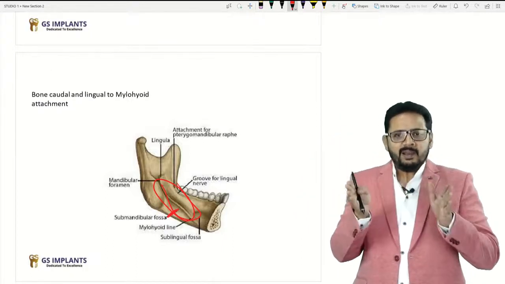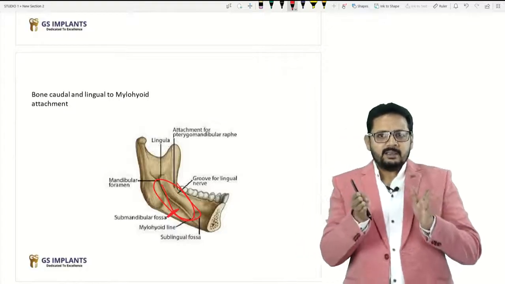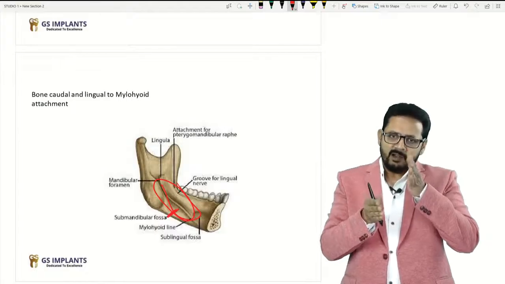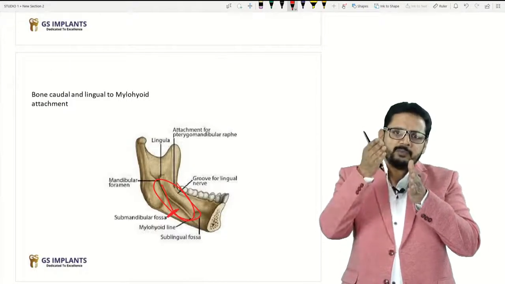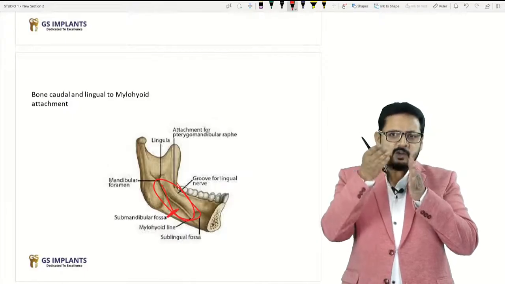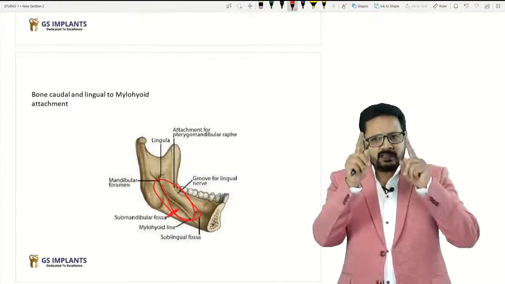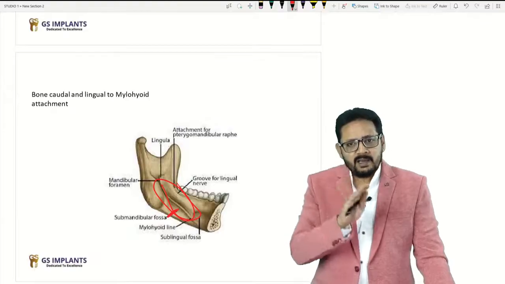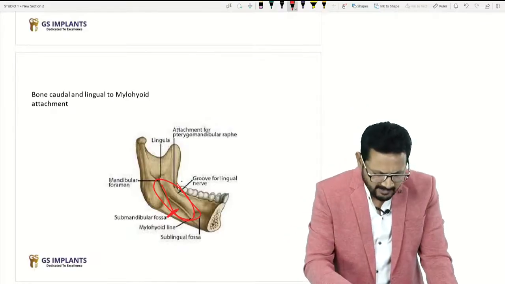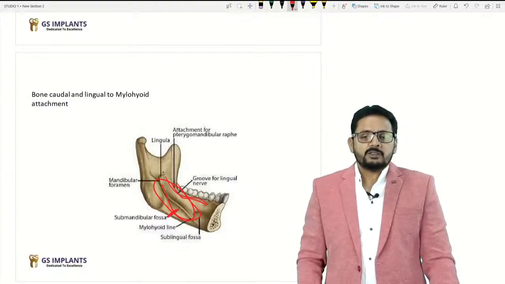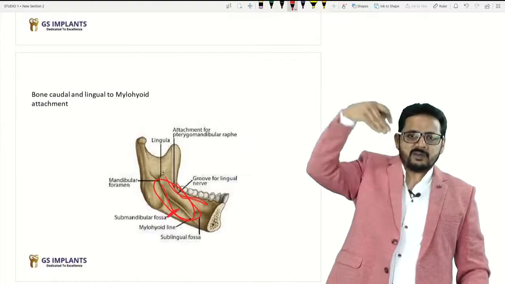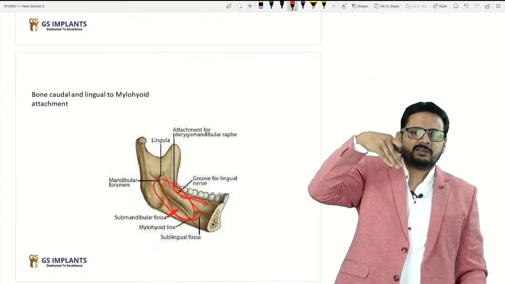So any implant that is placed either above the mylohyoid ridge or above the external oblique ridge is prone to fail. Now understand one more thing. The lingual nerve is actually present somewhere in the lingual groove, here above only. So what will happen if you try to drill above the mylohyoid ridge?